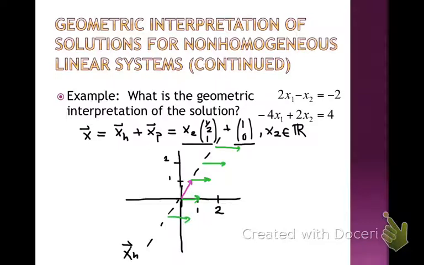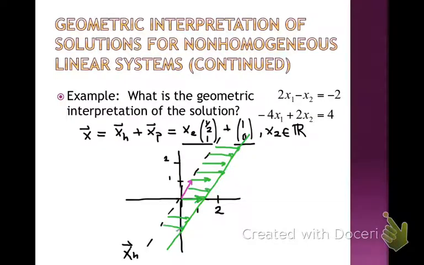Notice that what that does is it gives us a new solution, which again is just a line. But this line, which you notice is parallel to the homogeneous solution, is translated to the tip of the vector 1, 0, which we see here. So again, for the non-homogeneous case, we simply add the vector 1, 0 to every vector of the homogeneous solution.